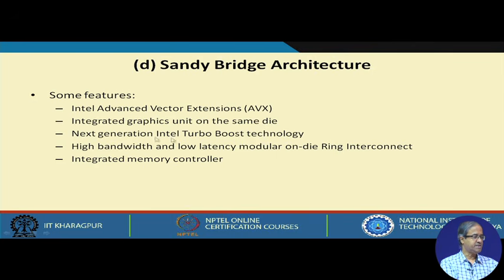There was a feature called Turbo Boost technology, which also appeared. Now, Turbo Boost technology is something like this. The system can automatically check the temperature of the chip. If it finds that the temperature is not too high, then at least for a few seconds it can go into a turbo execution mode, where the frequency will be increased.